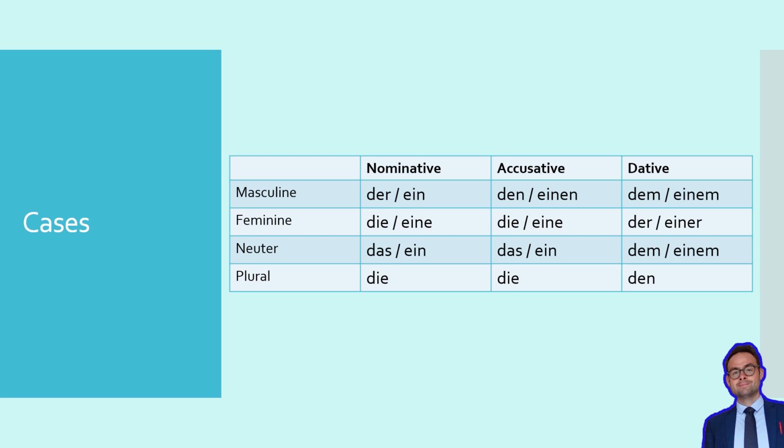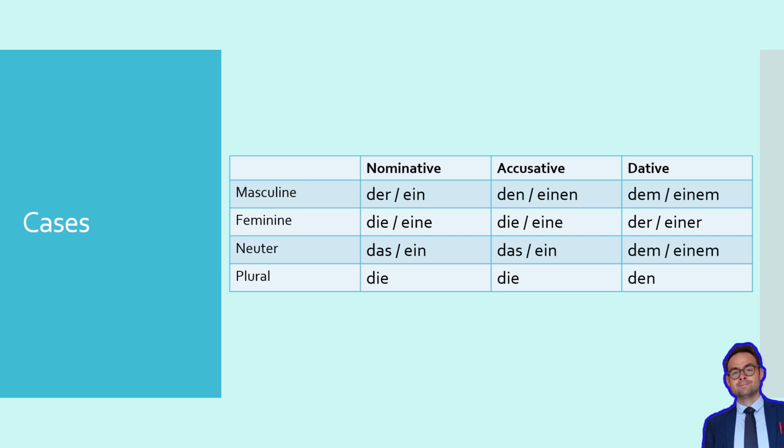Cases are another area which is really tricky to master, but will also impact accuracy. The article and the adjective ending will change based on the case, and I do have another video which explains this in more detail, so you can click the link at the top of the screen.